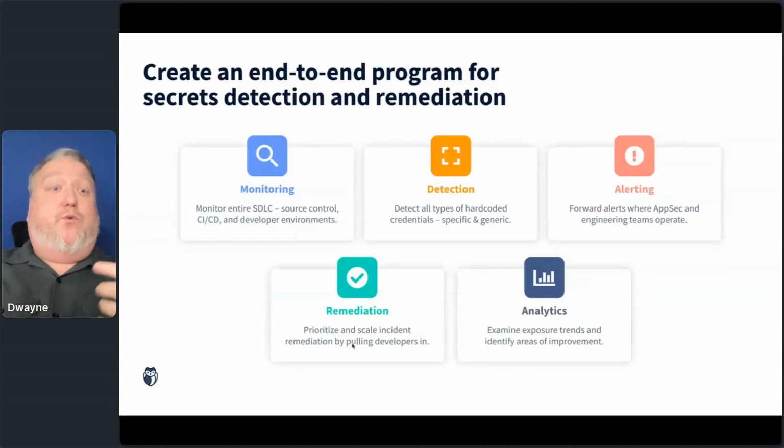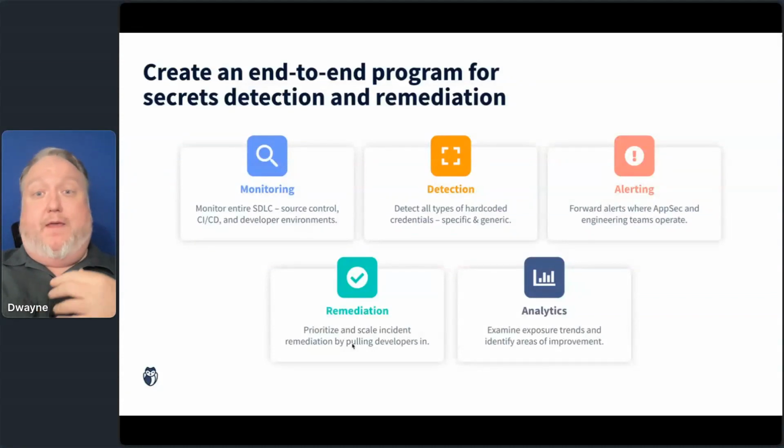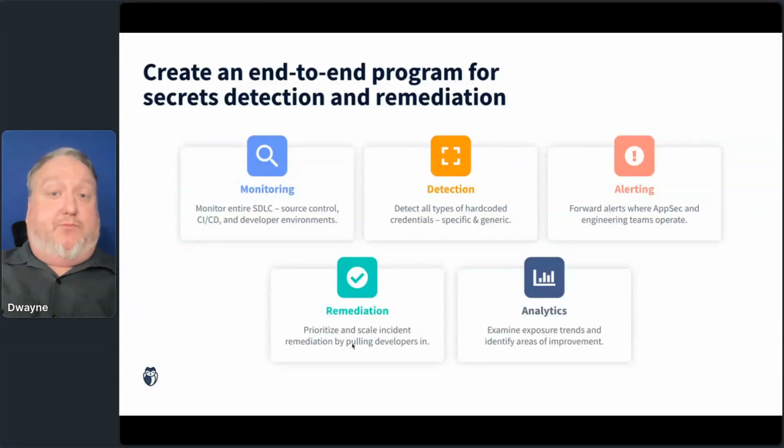And detecting for the right kind of secrets. There are a lot of types of secrets out there. Are you making sure that you are accounting for all of the common ones? Getting the right alerts in place. The detection is awesome, but if no one gets an alert, did that detection actually happen? Well, that's what our platform is awesome at, giving the alerts to the right people in a timely manner.